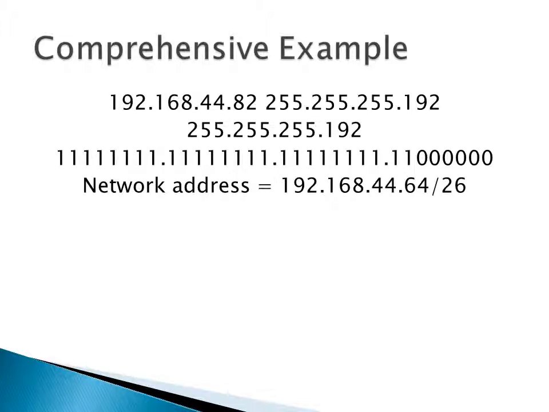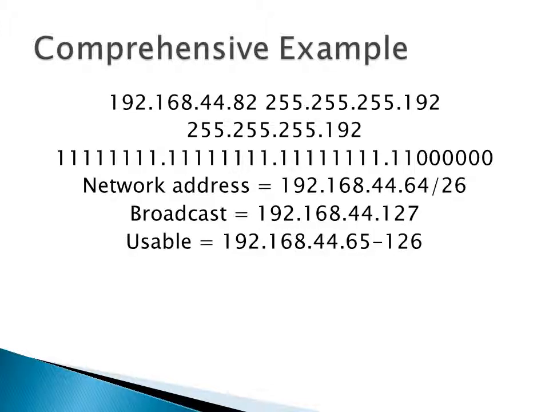So if we fall down from 80.82 to the nearest 64, we get that our network address must be at 44.64, and we notate a /26 if we'd like. And our broadcast is going to be the last address available before we tick over again to another 64 at .127. So our usable range is the 62 addresses located from .65 all the way through .126.